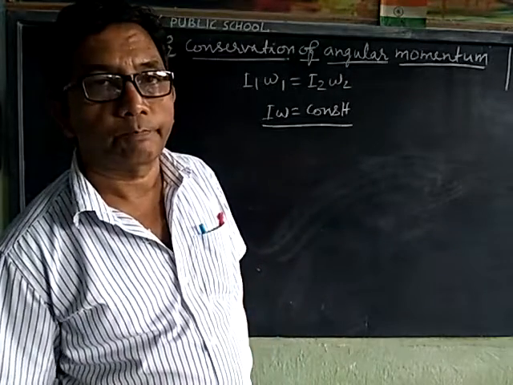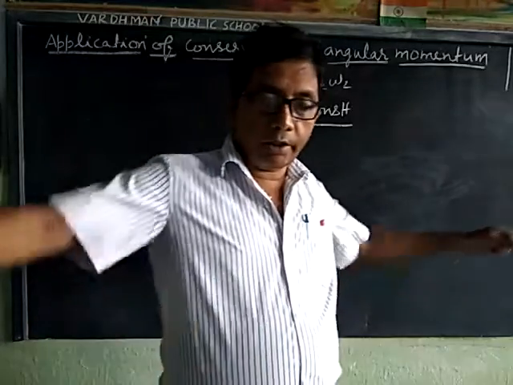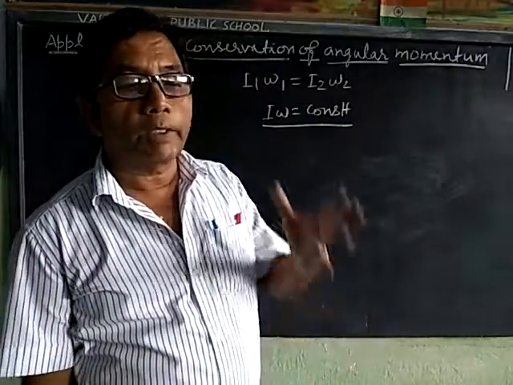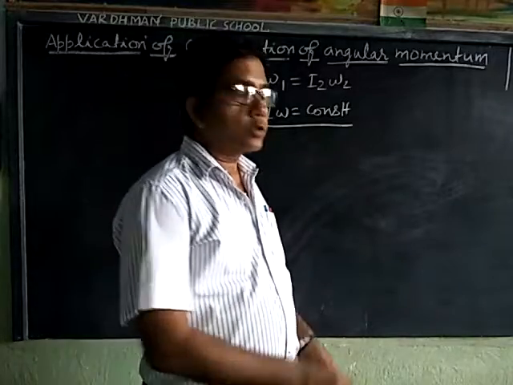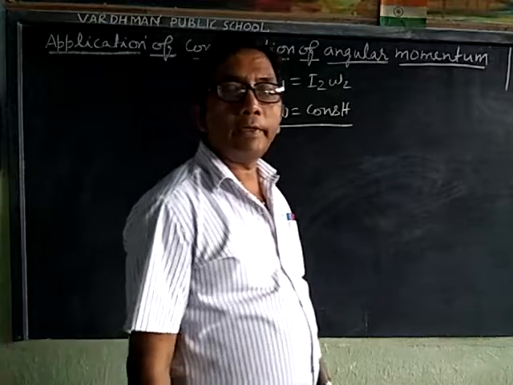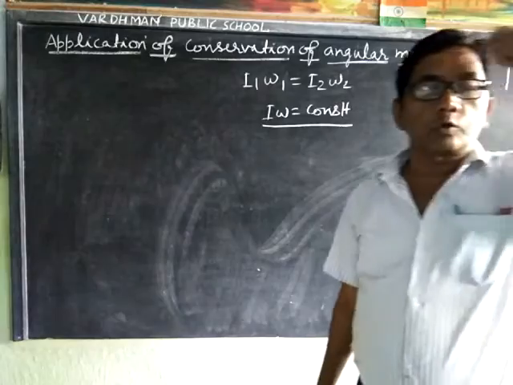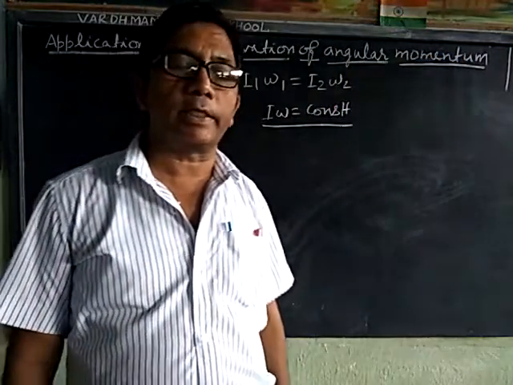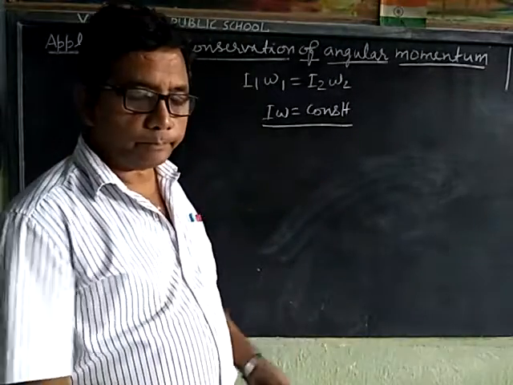Explain why. As she stretches her legs and arms, her moment of inertia increases and angular speed decreases. So I omega is equal to constant. On the other hand, when she withdraws her legs and arms towards her body, moment of inertia decreases, angular speed increases. So I omega is equal to constant.